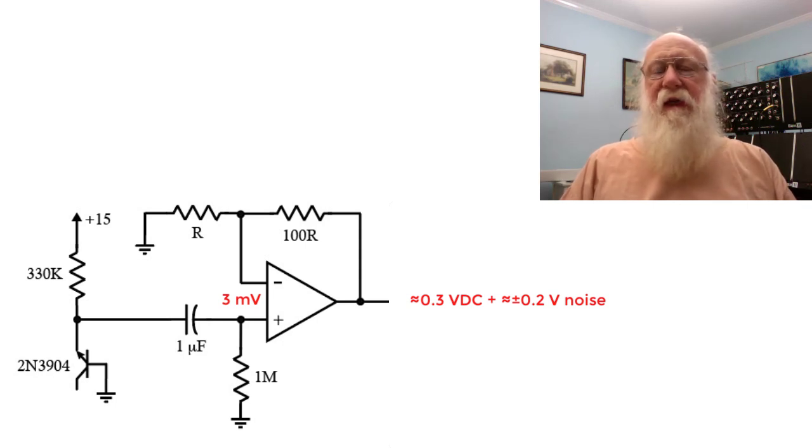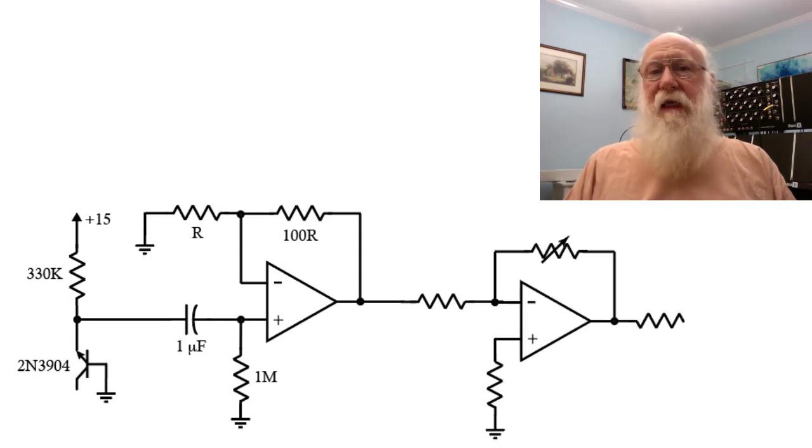Now, that in and of itself is not particularly bad in our application. Your ear is not going to hear a DC offset. However, it then goes to the second stage where we have another gain of maybe 30 or so, and all of a sudden that little DC offset becomes about 9 or 10 volts.